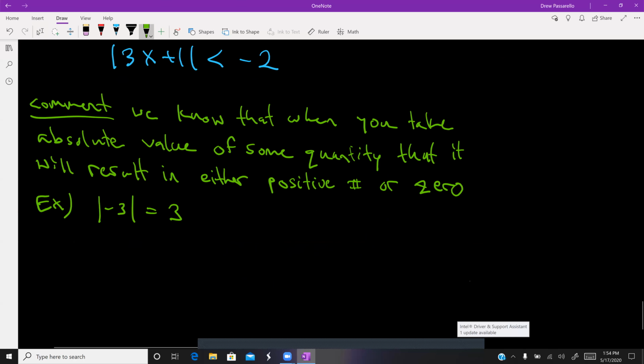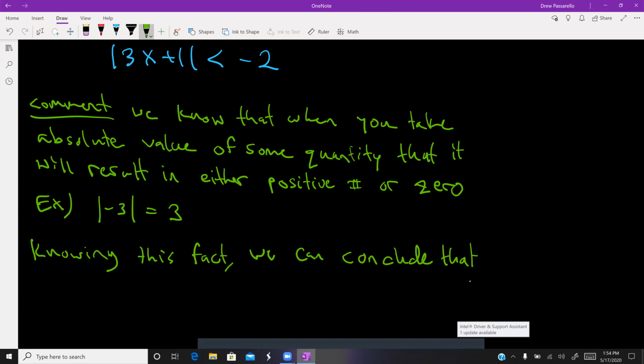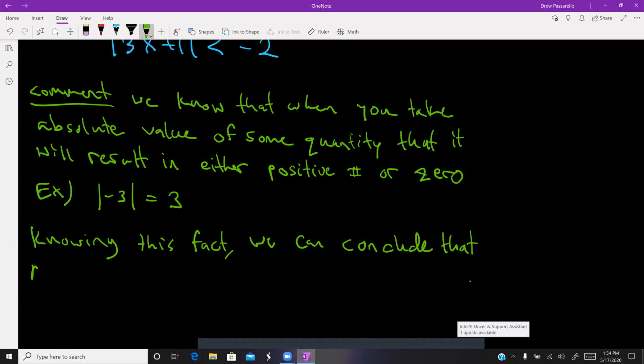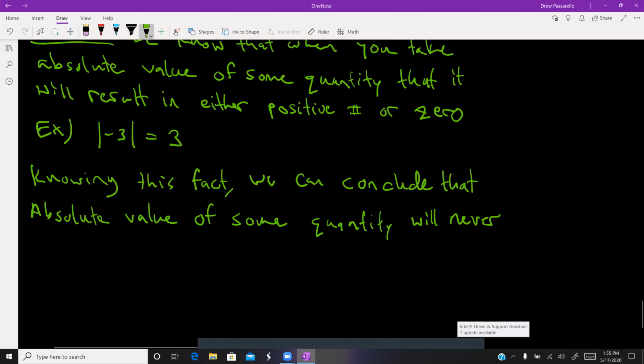So knowing this fact, so this is just by the definition of absolute value, we can conclude that the absolute value of some quantity will never be less than or equal to a negative number.